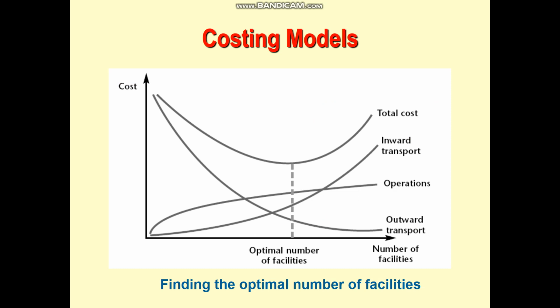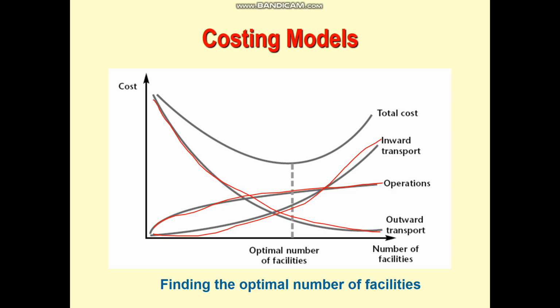Here we can see this figure is the relationship between the number of facilities and the cost. If the number of facilities increases, the inward cost will increase and the operation cost also increases. However, the outward transport cost will decrease.